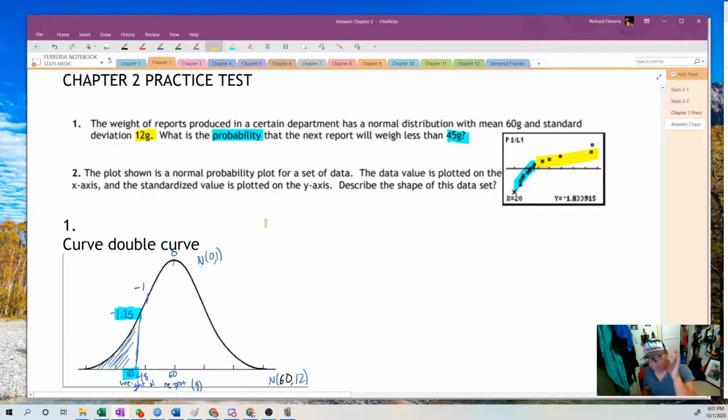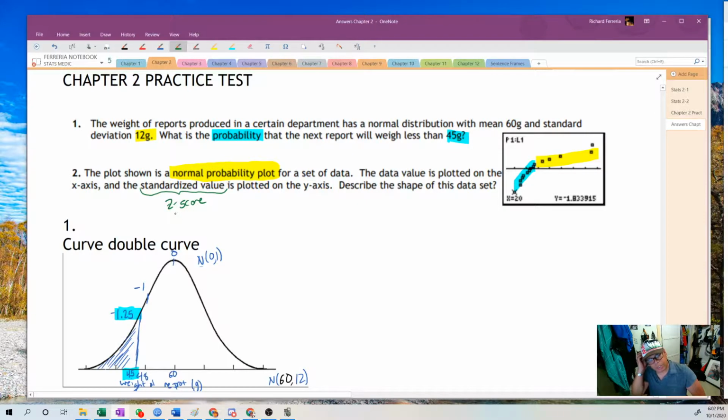And I'm sorry, I should have read the question first, but the plot shown is a normal probability plot for a set of data. So the data is plotted on the x-axis and the standardized value, that's speak for z-score, by the way, is on the y-axis.